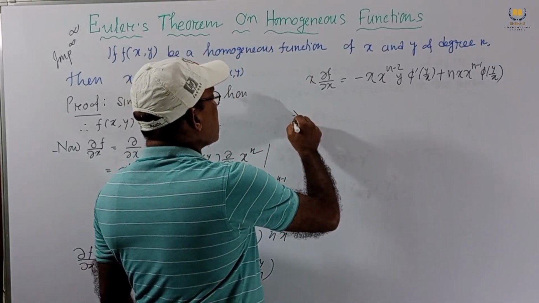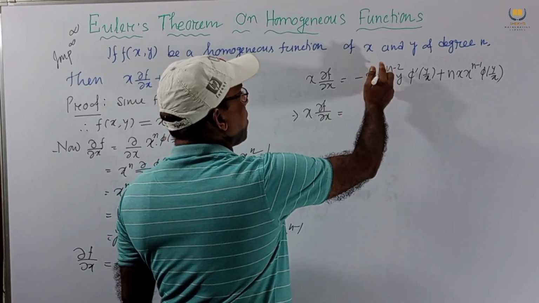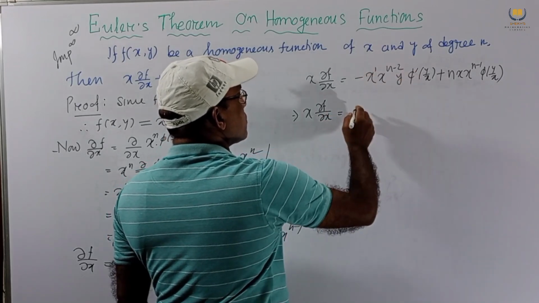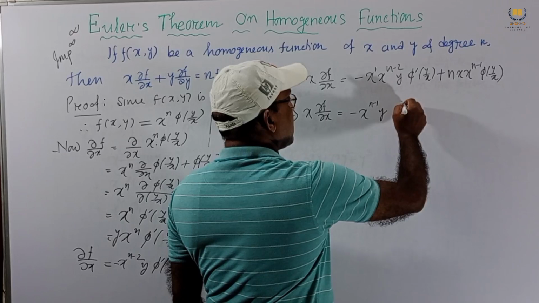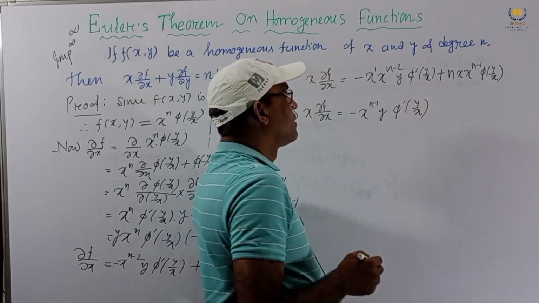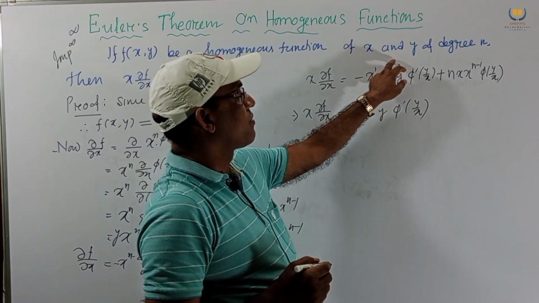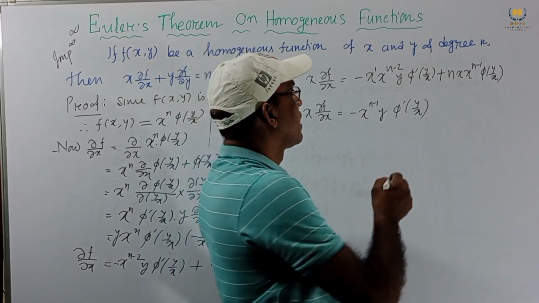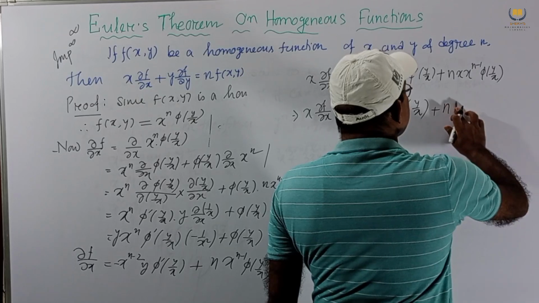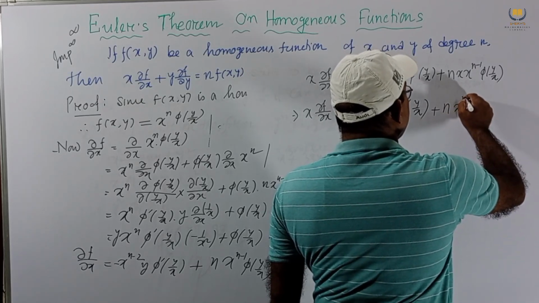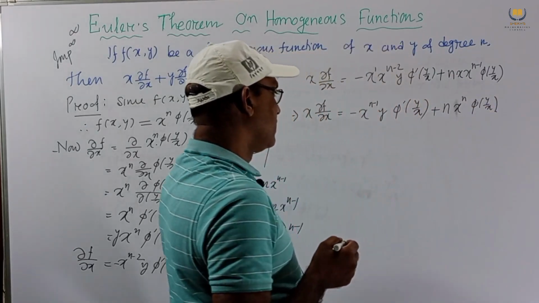This implies x del f by del x equals minus x to the power n minus 1 y phi dash y by x, since powers add when bases are the same, minus 2 plus 1 gives n minus 1, plus n x to the power n phi y by x. We get this result.